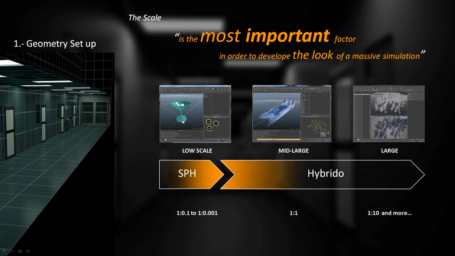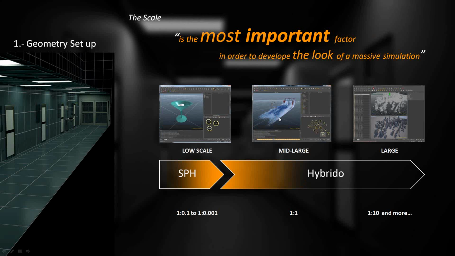You may want to crank up the scale a little bit and even increase the forces, work on increasing the gravity magnitudes and things like that in order to achieve a more realistic look. In this particular case that we're going to treat here, this is perfect for working in a one-to-one scale.